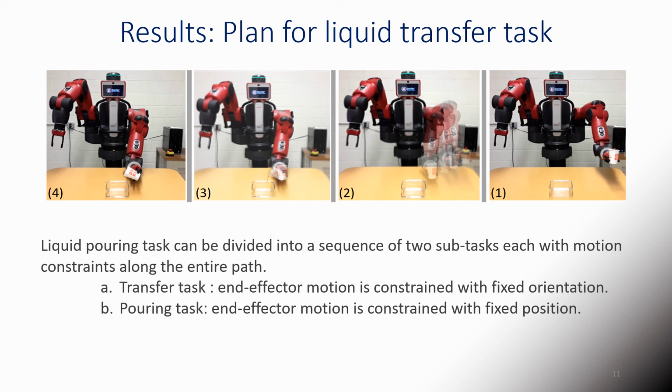In the first subtask, the robot moves the glass, keeping its orientation fixed, and in the second subtask, the robot pours the liquid by rotating the glass while keeping the position of the end effector fixed. Notice that the first subtask can be accomplished by the first feature of the planner, and the second subtask can be accomplished by the second feature of the planner.